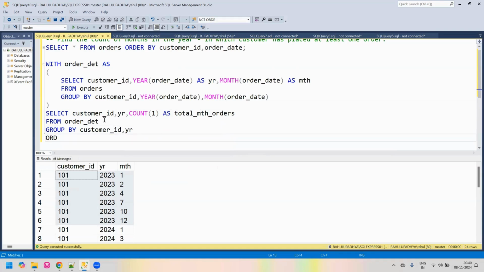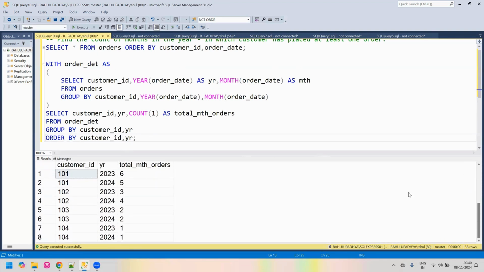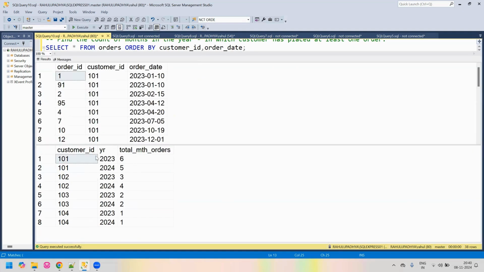And then we can order by customer ID and year to have the right visualization. So let's run and see the output. As we can see, we have determined for a customer for a particular year in how many months they have placed at least one order. So this way we have solved the problem.